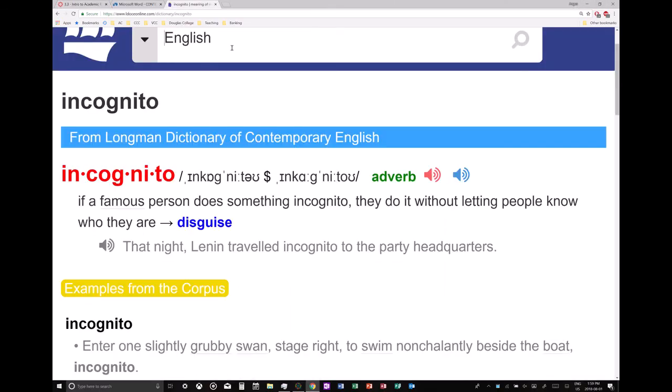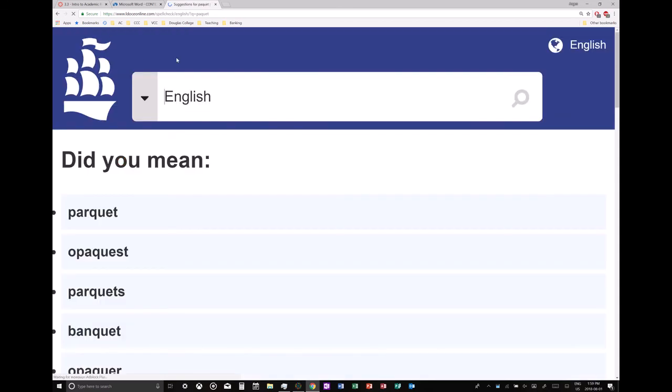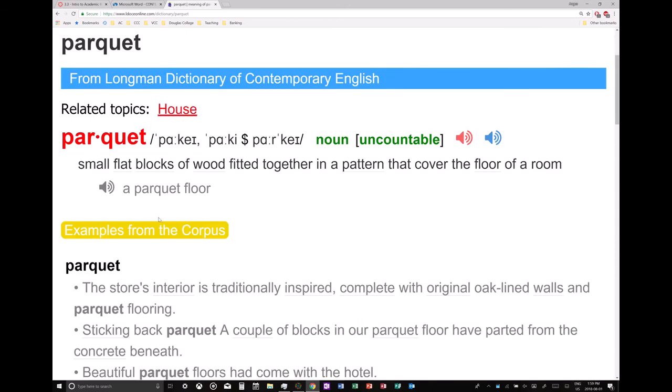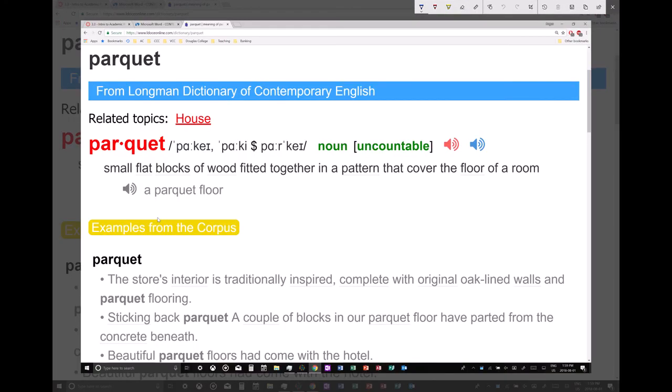Okay, so the first word is parquet. Whoops, spelt it wrong. Let's see, wait for it to load up here. Parquet. So we have parquet. It is indeed a noun. It's from French. You have small flat blocks of wood. Well, in this case, the context said stone or precious stone.